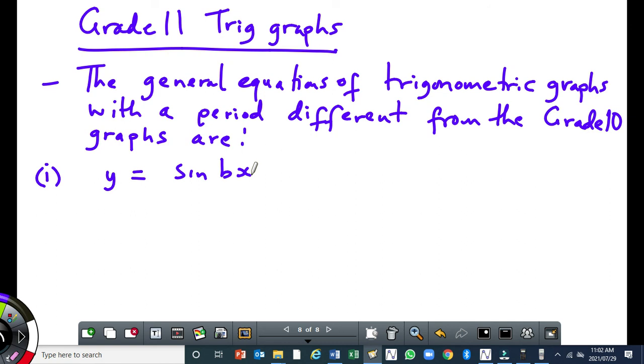It's going to change. For tan, it's no longer 180 degrees. It's going to change. The general equations of those graphs are of the form y equal to sine bx, y equal to cos bx. Please take note, where I'm putting b, you can put another letter. Some books they put k, but I chose b.